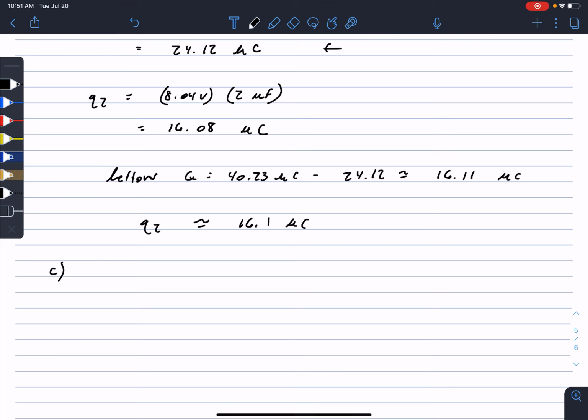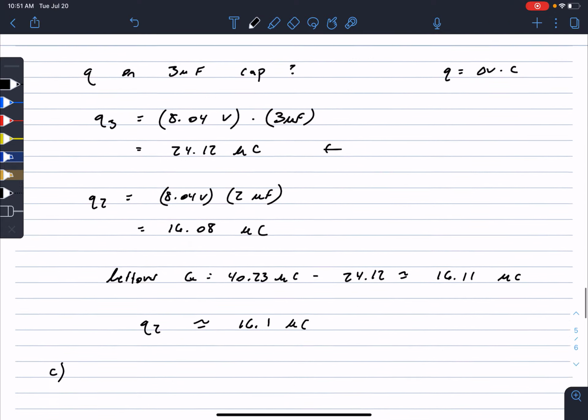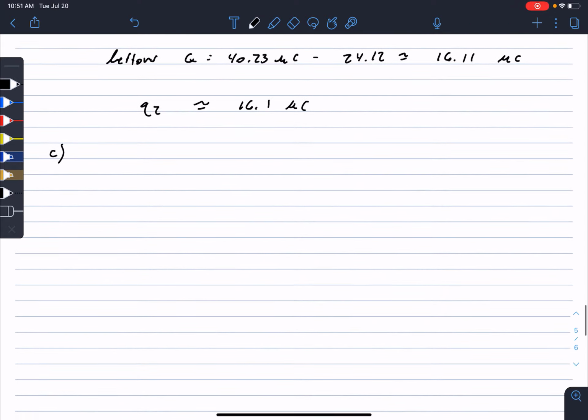Next, we need to find the current in the resistor. So the equivalent capacitance is in parallel with the resistor, and we're going to be able to just use Ohm's law here. The current is equal to the change in potential over the resistance.